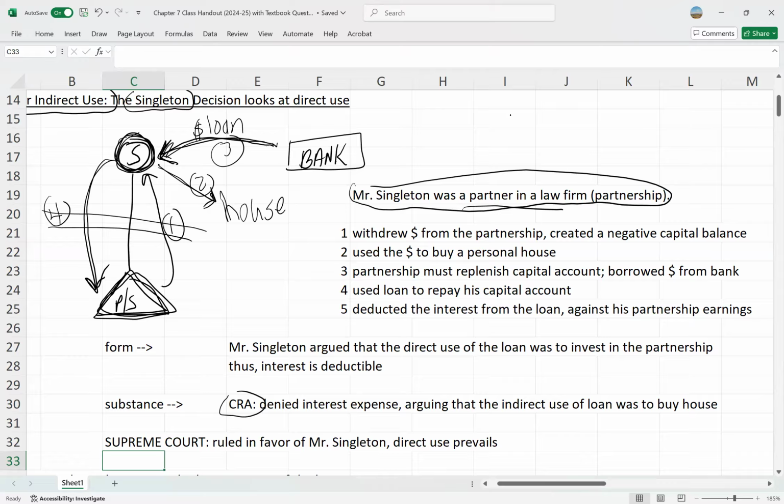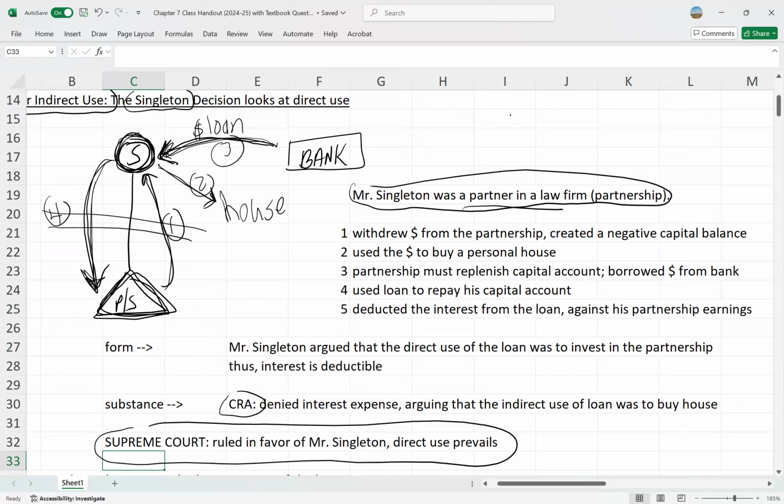The only reason he did steps 1 and 4 was so that he could argue that the direct use of the loan, the money from the bank going directly to the partnership, should prevail. And that's what the Supreme Court ruled in favor of Mr. Singleton.